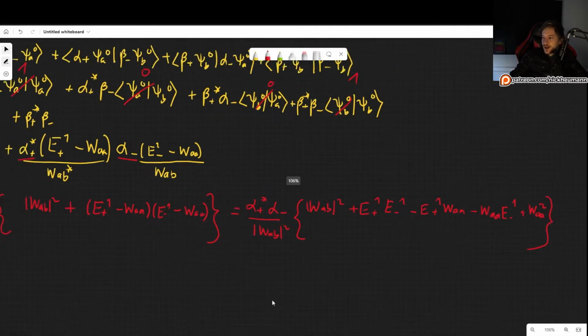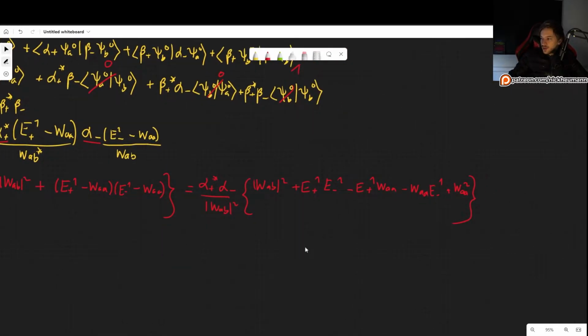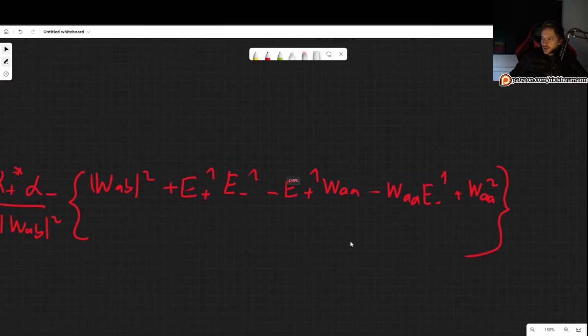Okay, there we go. So now we can factor out WAA here, right? We have plus, or rather minus WAA, well, let me get rid of that parenthesis, WAA factor of E plus plus E minus, and of course both of them are 1.